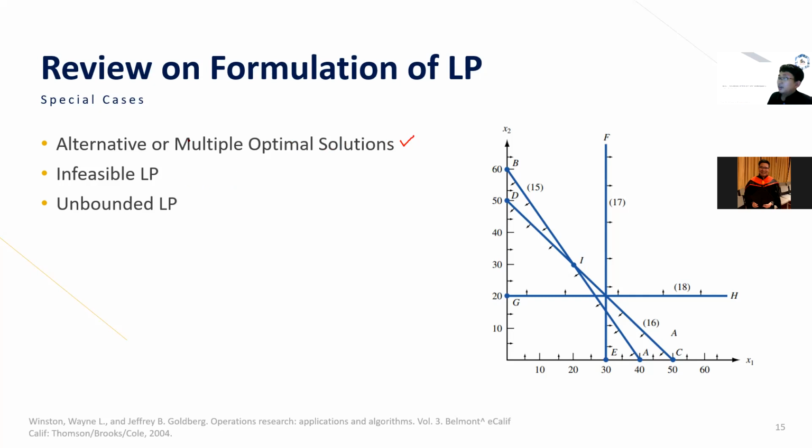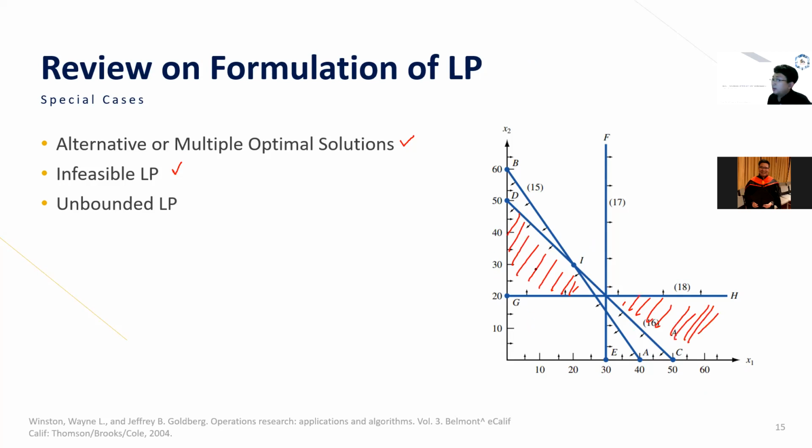And there is also the possibility of an infeasible LP. For example, let's use this graph as the illustration. Let's say your formulation asks for values of x1 and x2 that are located in these two regions and also these two regions. Of course, it's not possible, right?